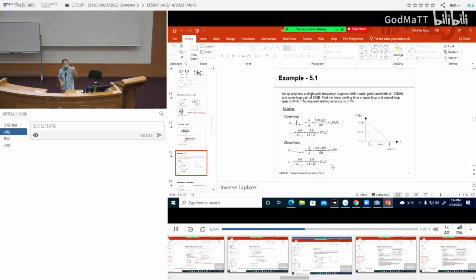And depending on the settling accuracy you need, you need a different number of time constants. Therefore, you can calculate. So in this example, open loop, you have one settling time constant here. Closed loop, you have another one here.